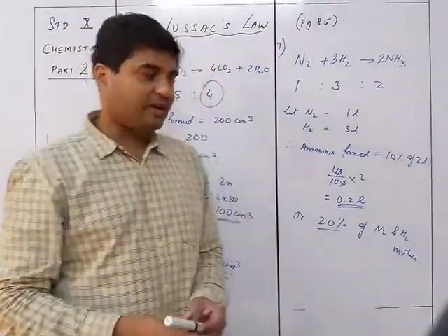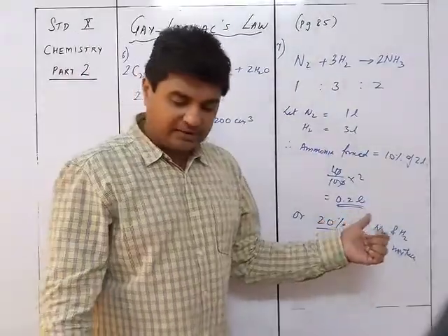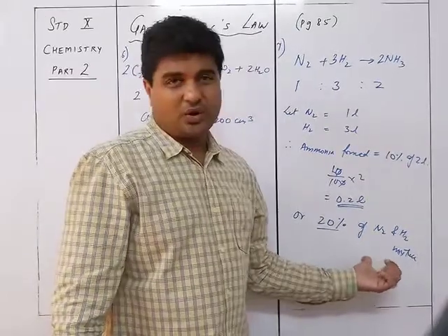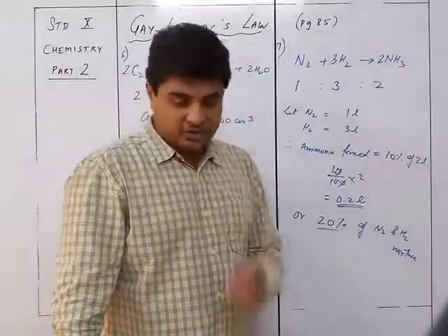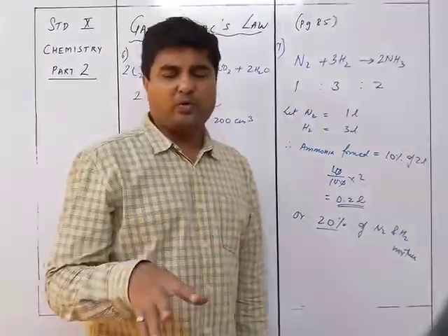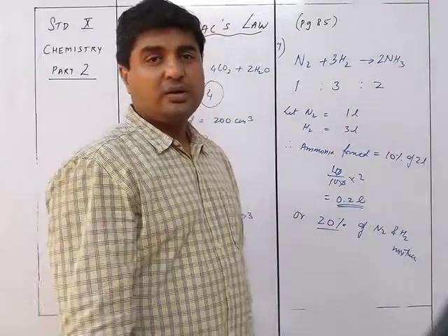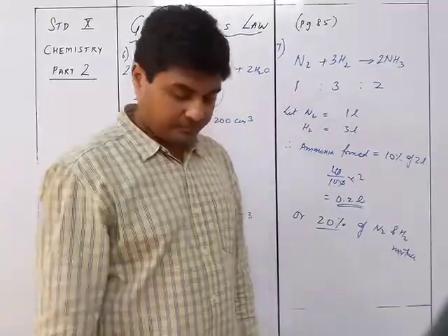If it is 1 liter and 3 liters, then it would be 0.2 liters, or it could be 20% or 1/5 of the total volume of the N2 and H2 mixture we are taking. Quite a vague kind of question, but sometimes such questions could be very important, especially when they are asked in prelims.